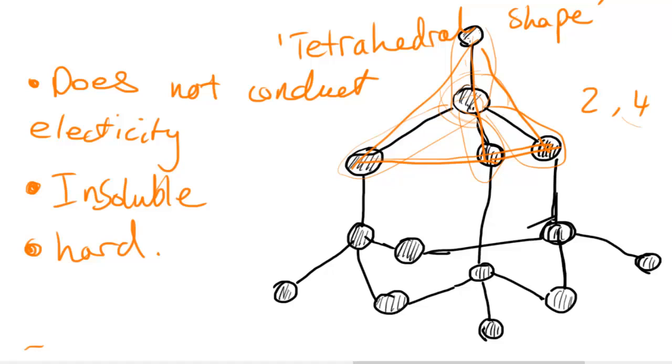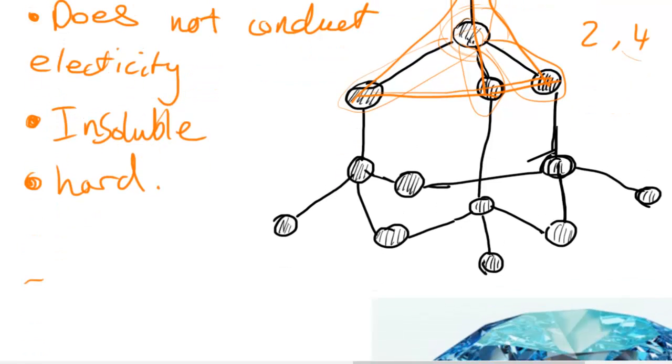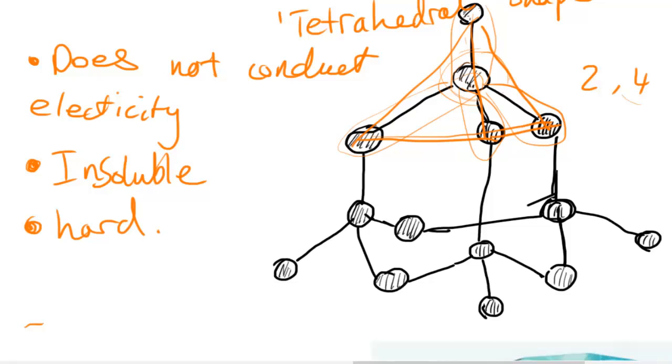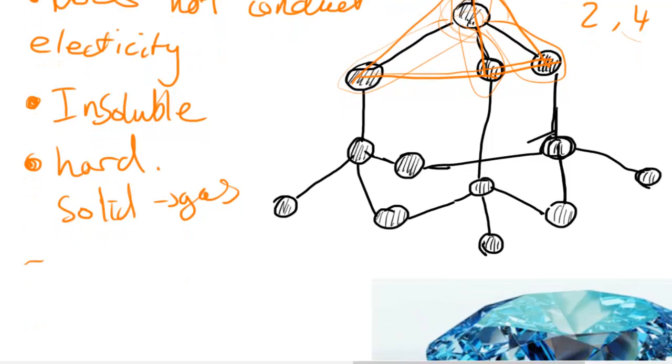And now let's look at something else. And that thing I want to look at is the melting point. As I said before, diamond is something which actually sublimes. It doesn't go from solid to liquid to gas. It goes straight from a solid to gas. It just skips the liquid phase. And it does this at a very high temperature.